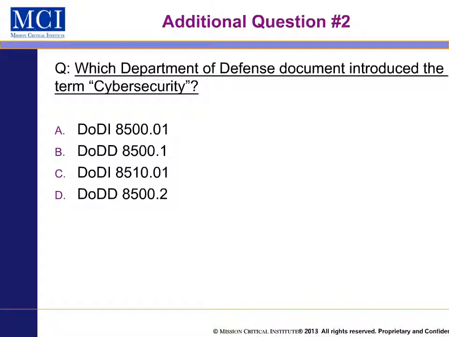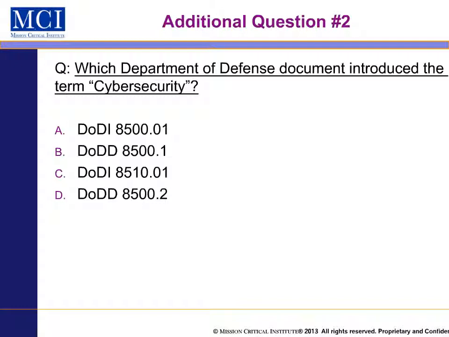So 8500.1 is the policy aspect of DIACAP. Then answer D, 8500.2, is the standards or the implementation side of things, because the correct title for 8500.2 is Information Assurance Implementation. So those two go hand in hand.